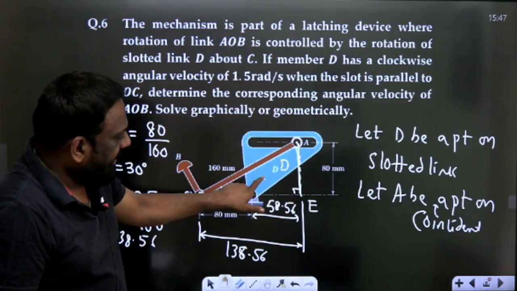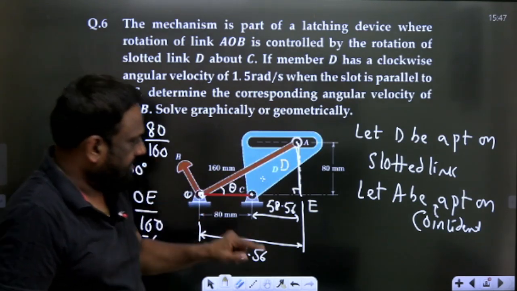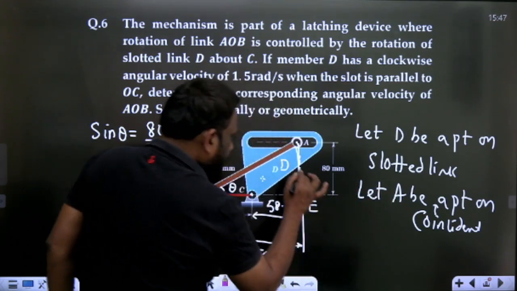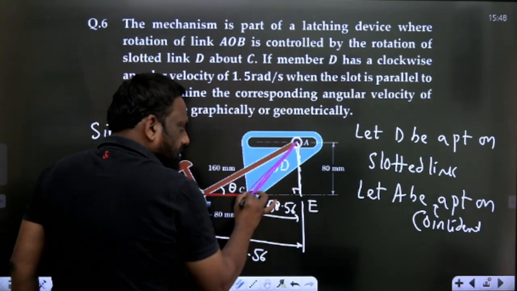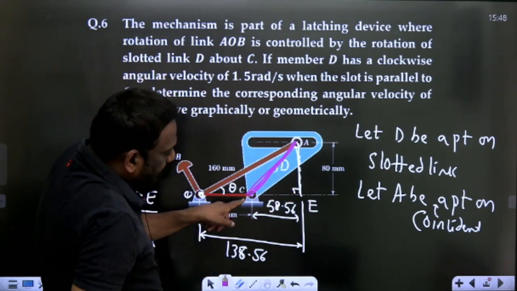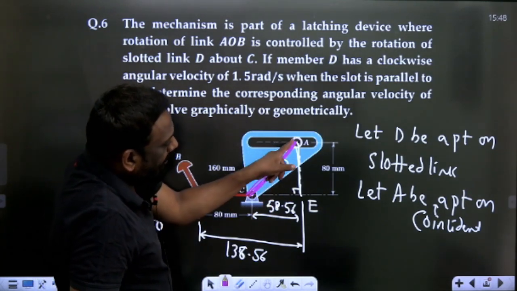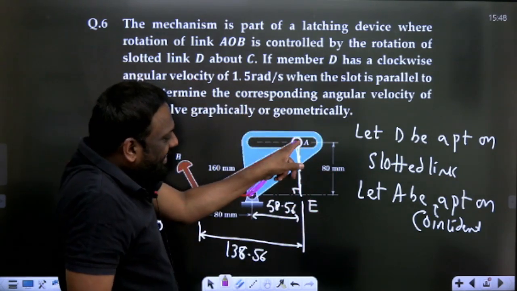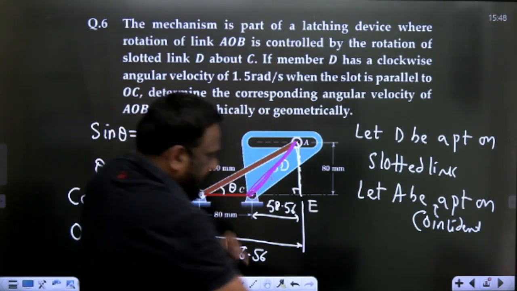Similarly, the slotted link D is fixed about this point C and making rotation. एक सेकंड. तो मैं क्या करूंगा सर? एक लाइन ड्रॉ करूंगा ऐसा. देखो, देखो. From C, I draw one line. And because this blue link, slotted link is rotating about C, इसको मैं D मानूंगा सर. D and A are coincident points. A is on red link, D is on this purple link. मतलब ये वाला, ठीक है.